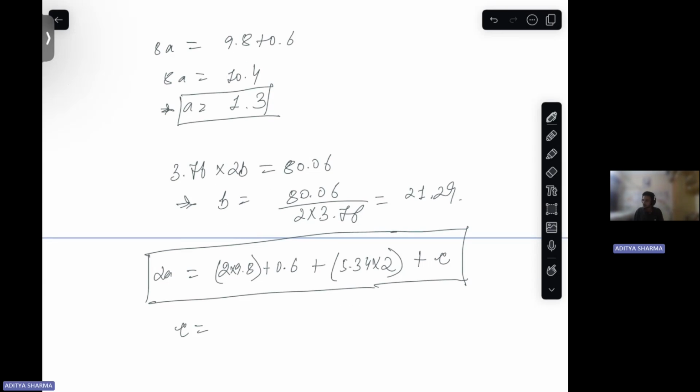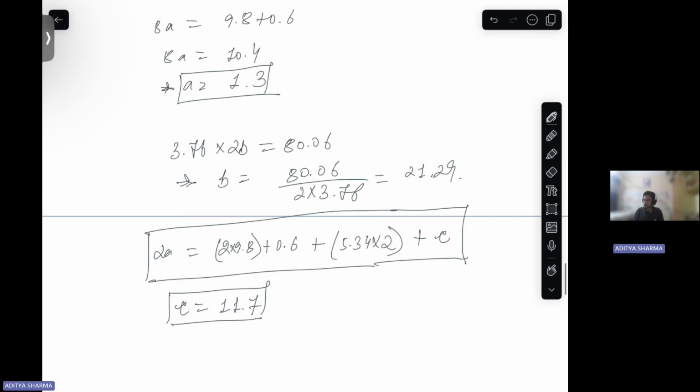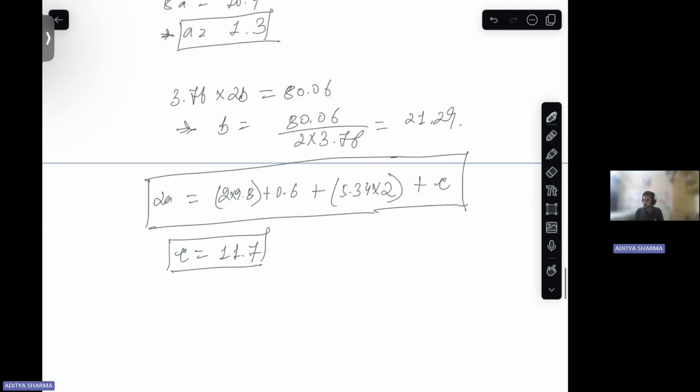So if we work this out, this comes out to be 11.7. Okay, this comes out to be 11.7. Please just check whether this is correct or not.